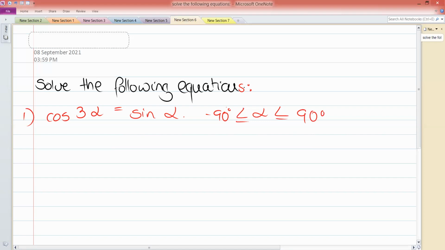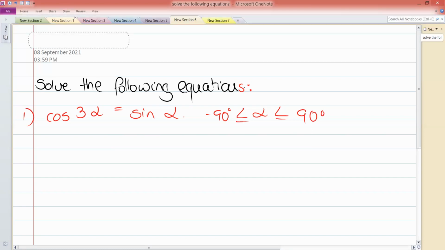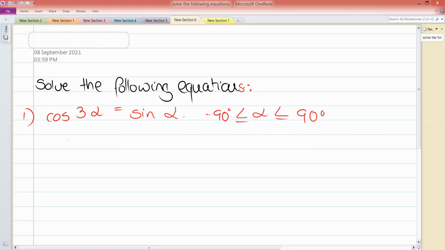Whenever you see a question like this, we have to use what we call co-ratios. What I'm referring to is, we know that sine x is equal to cos of 90 degrees minus x.